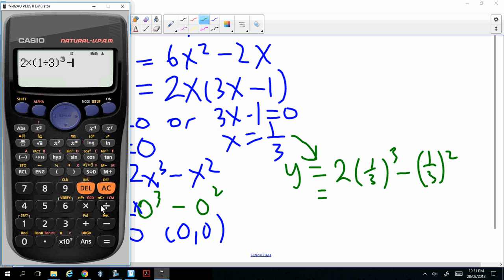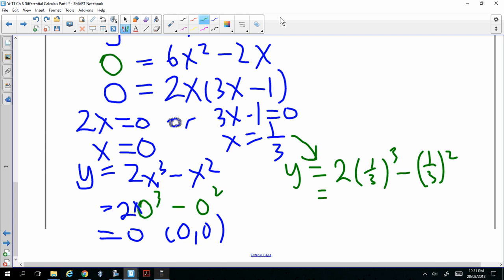You get negative 1 over 27. So the other point is (1/3, -1/27). So these are the 2 points where the tangent is horizontal.